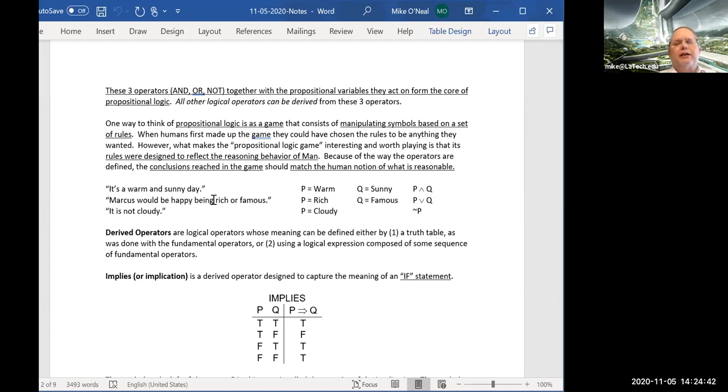Even at this very early date in what we're doing, you can see that when I said it's a warm and sunny day, I could approximate that by saying P is warm and Q is sunny, and so this says that it's warm and sunny. That's roughly it's a warm and sunny day, but I didn't capture the concept of day over here, right? Really, all this is saying is warm and sunny, and all this is saying is rich or famous, right?